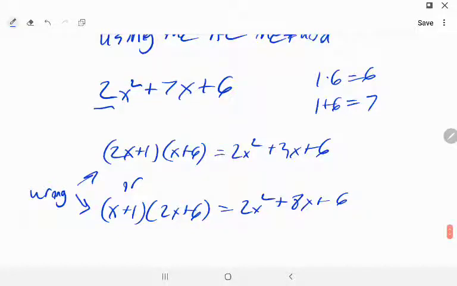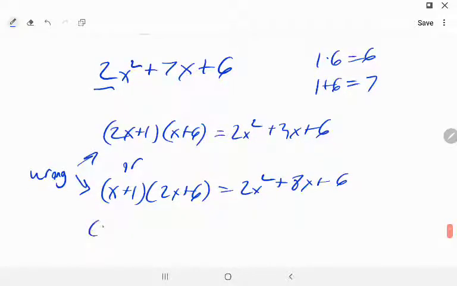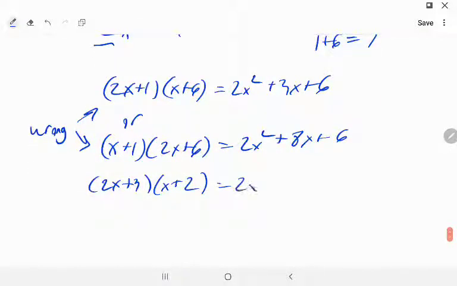So we could guess and check. Let's try 2x plus 3 times x plus 2, and we notice that would give us 2x squared plus 3x plus 4x plus 6, which is the 2x squared plus 7x plus 6 that we wanted.